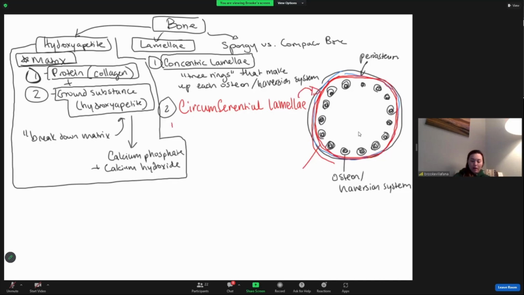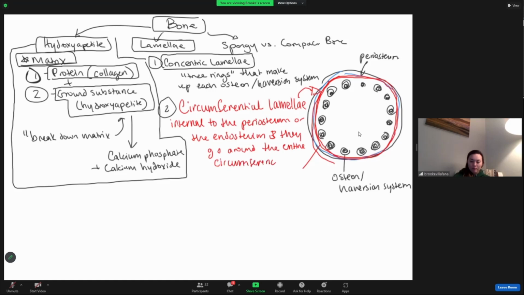So these are internal to the periosteum or the endosteum, so they can actually be in the medullary cavity as well. And they go around the entire circumference of the bone. So that's our lamellae type number 2.